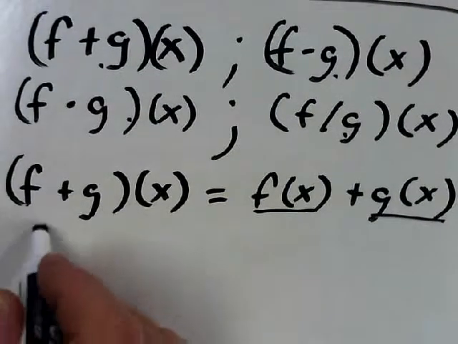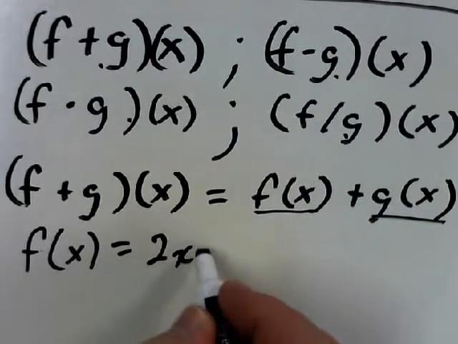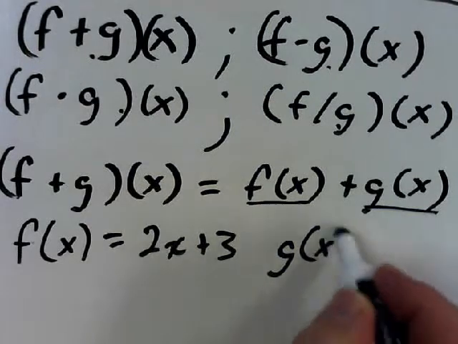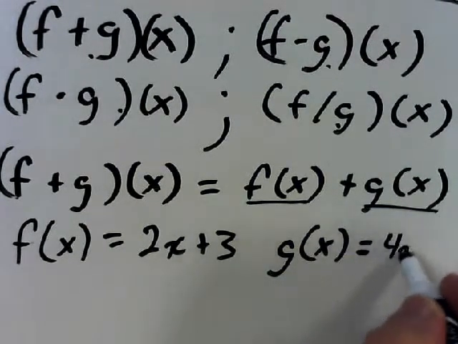So if I was given f of x is equal to 2x plus 3, and g of x is equal to 4x minus 7.